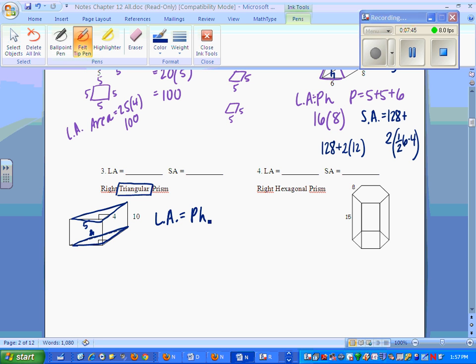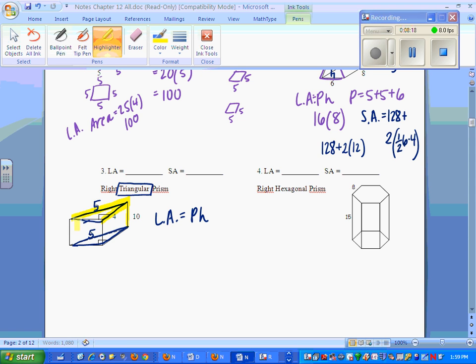Lateral area is perimeter times height. Our height in this case is going to be 10. And my perimeter of the base is 5, 4, and I don't know this side. Okay, small correction, this part is actually 5. Erase that. The 5 is actually in here.